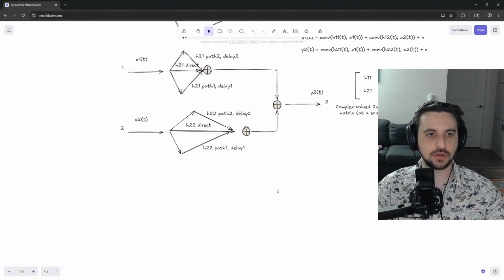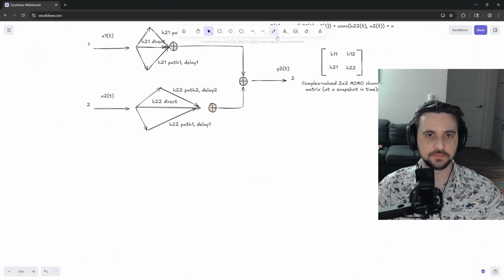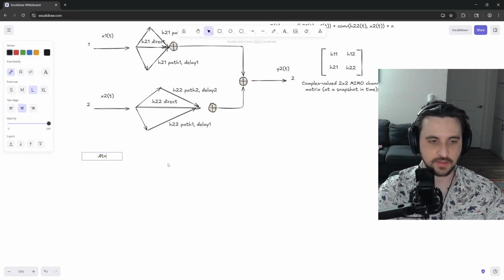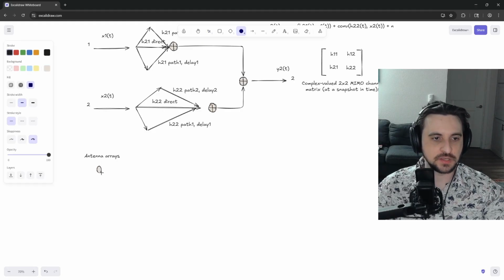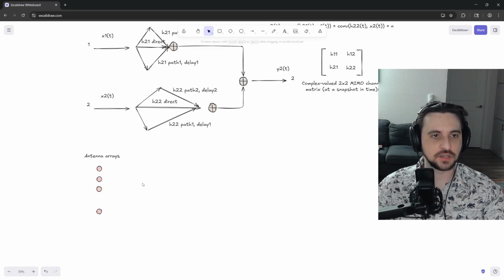Actually, let's talk about some common patterns in wireless. Well, in wireless, they call these antenna arrays, either transmission or reception. So antenna arrays. And they're pretty basic shapes. Like the most basic one is a 1D linear array, where all your antennas, either transmitters or receivers, are placed in a single row.